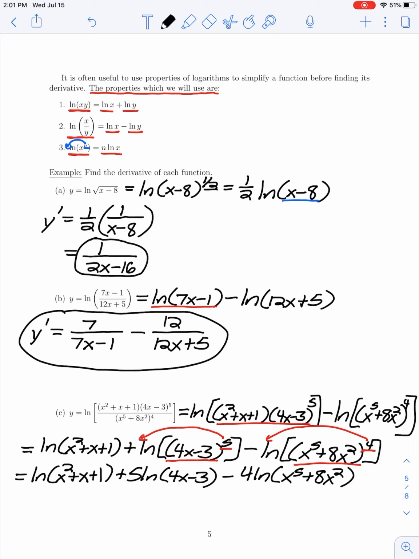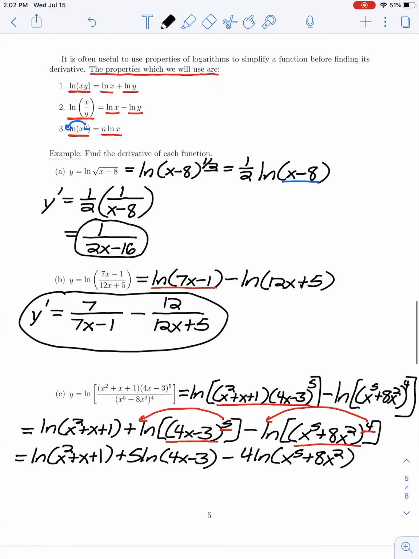And now that I've decomposed my function into a sum or difference of a few terms, I can differentiate each of these expressions individually using the sum difference rule and making use of the chain rule to differentiate each logarithmic term.